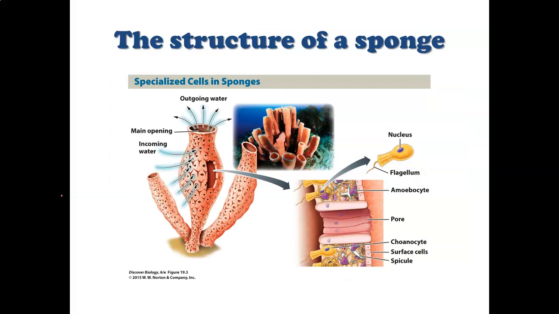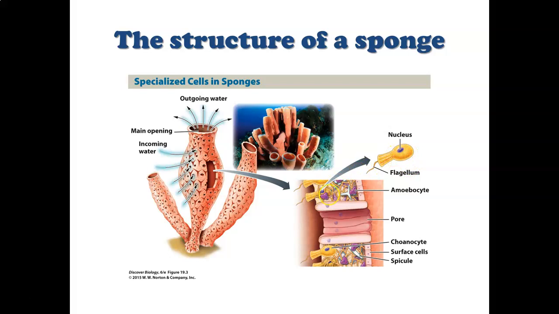The basic body plan of a sponge is this, right? So they have a body wall that's spongy because it's made up of a material called spongin. Right? But it's these pores that give them their name. Right? These pores allow water to flow into the body of the sponge. The inside of the cell is lined with these choanocytes, which you can see look a lot like those choanoflagellates. Right?